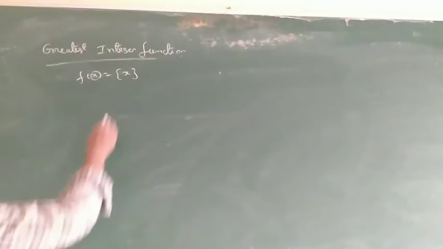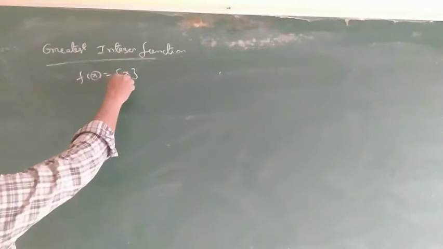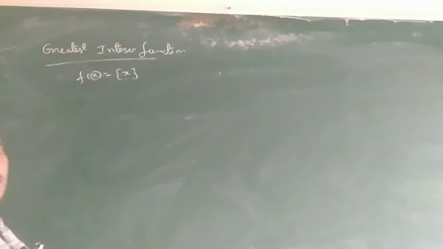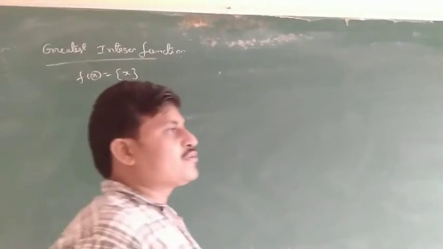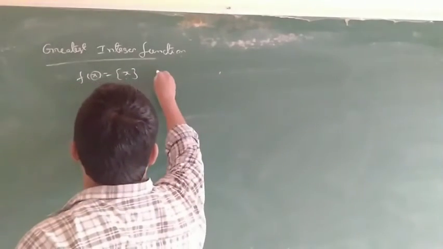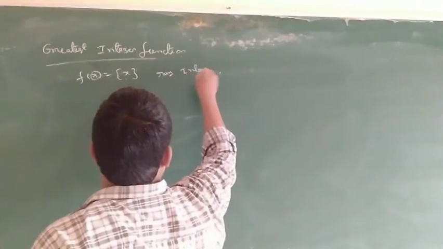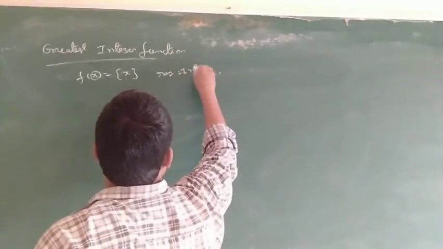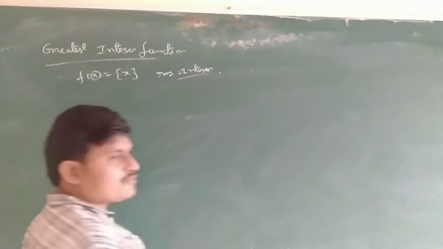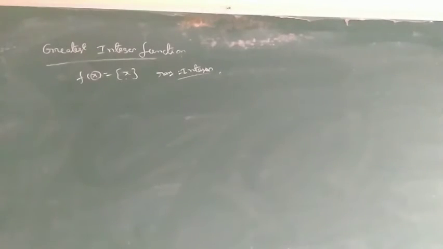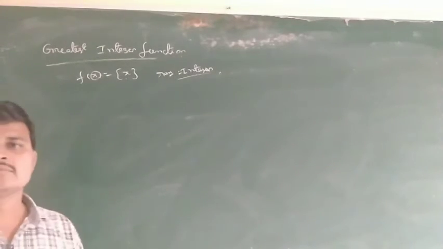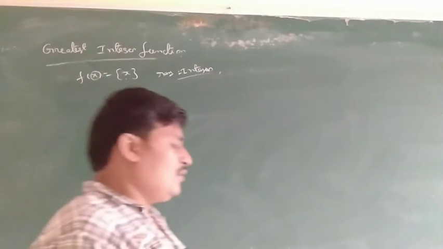So what is the result? For example, f of 1.5 equal to 1. There are no fraction values, only integer values. So what is the range? Range is integers, so minus 1, plus 1, only positive and negative numbers will come.